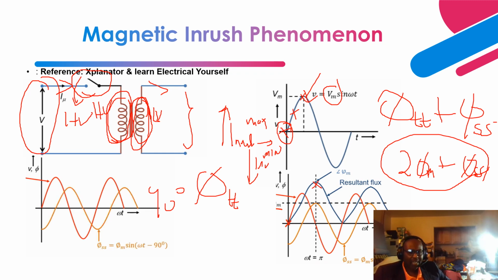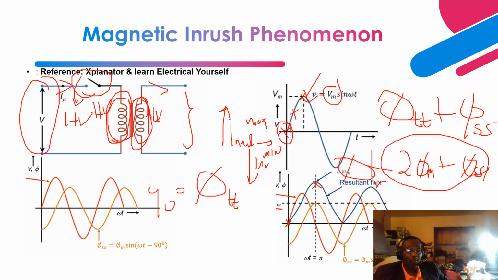If you don't remove it from the core and then you energize the transformer, you get a total flux of phi r plus the peak flux, which is twice the peak flux, plus the steady state flux.